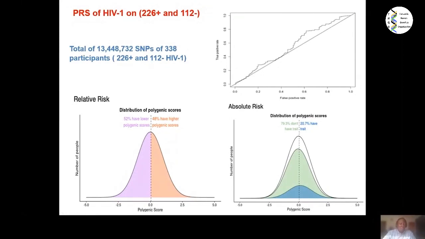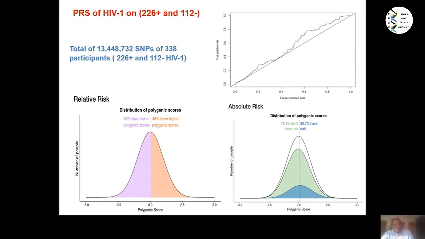The accuracy is promising here. We computed the relative risk, where we found 48% of the samples have a high polygenic risk score. In absolute risk, we found 20.7% of the samples, regardless of HIV positive or HIV negative, to have a high risk score.